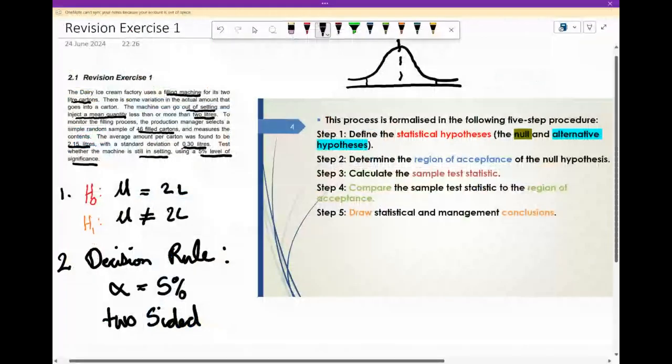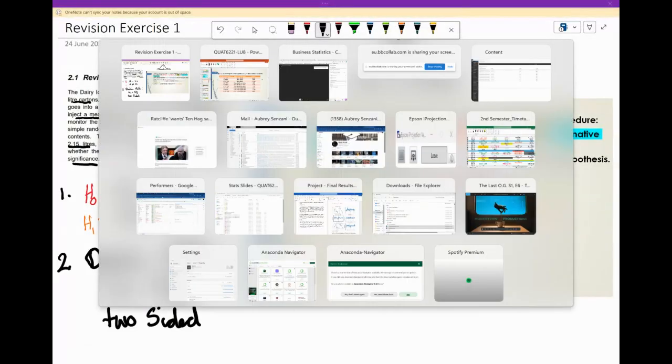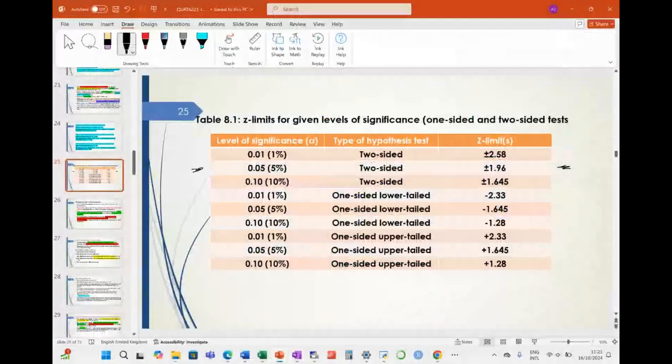Is that slide just an example, or are we going to also use that information? We always use this information. It's not an example. These are the Z limits that we always use, depending on our level of significance.